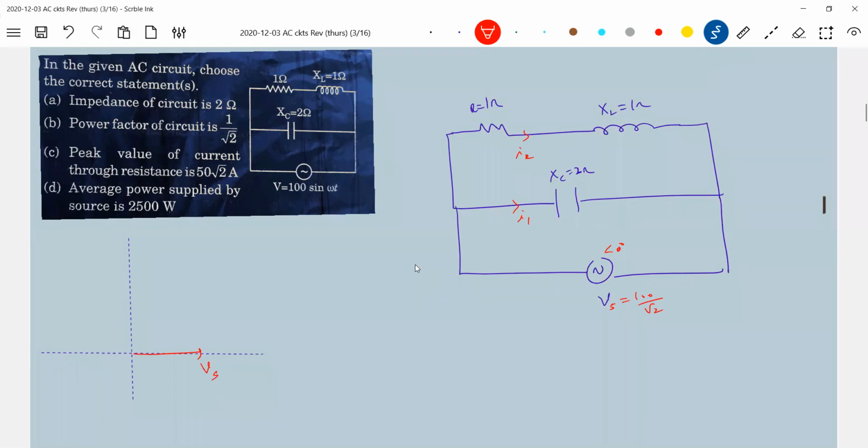Across the capacitor. See, if you find it very difficult to draw, here only you show that phasor diagram. The current has zero phase, therefore I1 with VS. What about this? This will be VR. Here the voltage is the reference, so the current should lag, this I2.